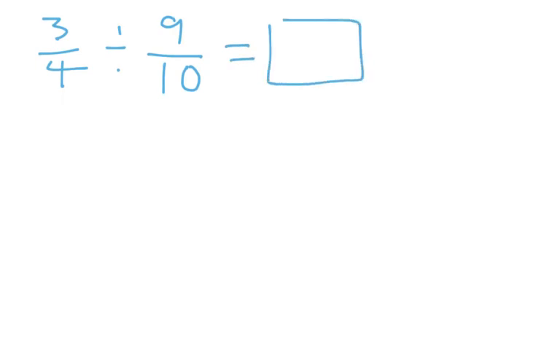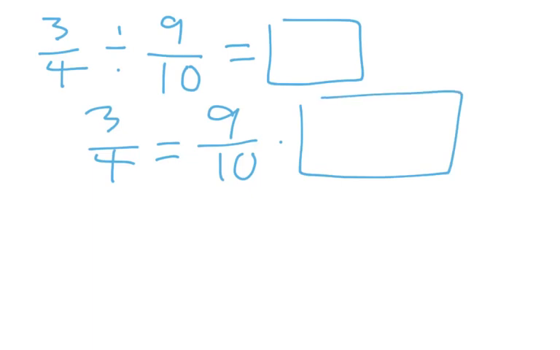What if we had 3/4 divided by 9/10, let's say? What I need to say is, what would I multiply by 9/10 to get 3/4?